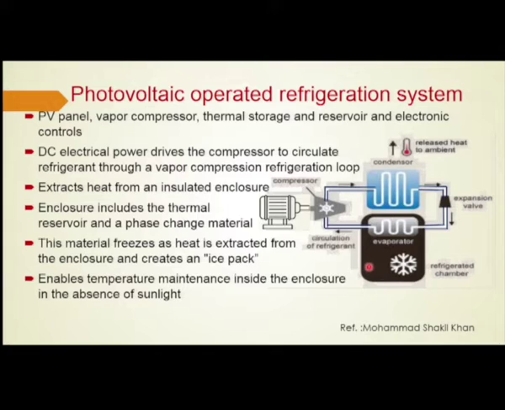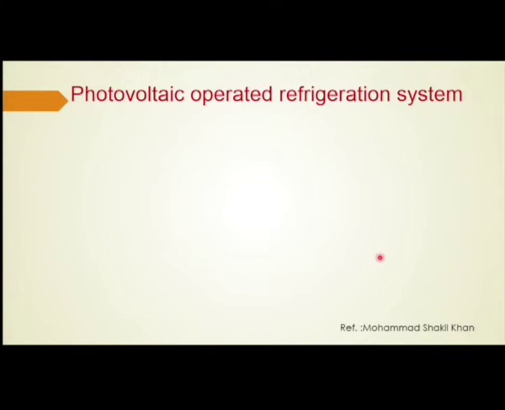The battery is used to provide DC power to the motor and compressor when solar power output is not available. These are the building blocks inside the PV operated refrigeration system.